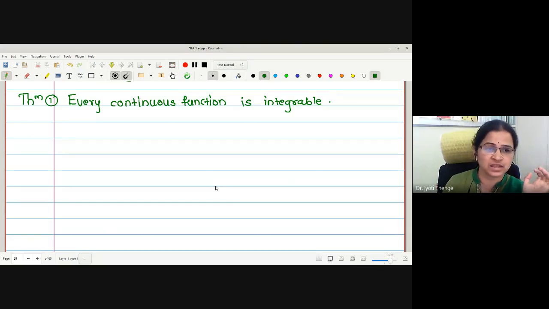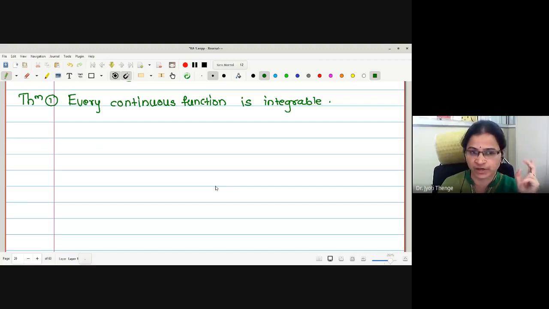In this theorem, we are proving the integrability by using the conditions of integrability. Two forms of conditions of integrability we have proved, that is, mod of UPF minus LPF is less than epsilon. Let me write what is given.